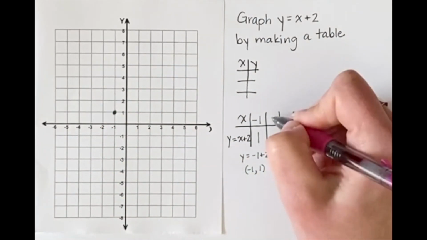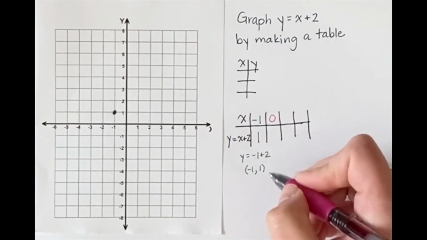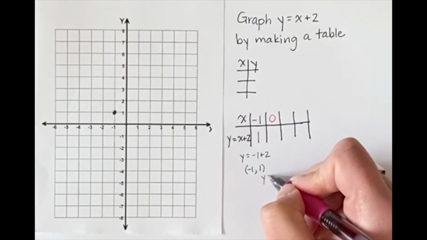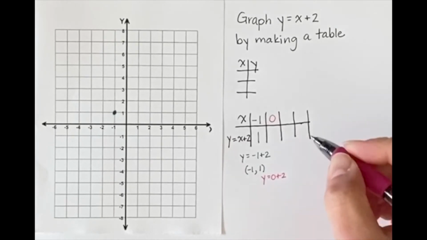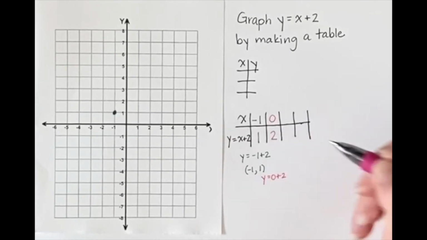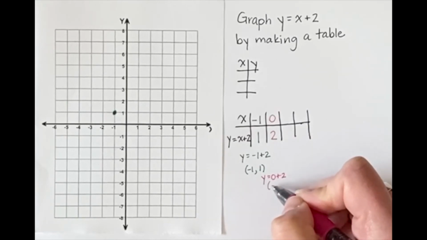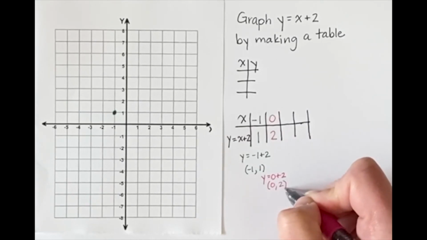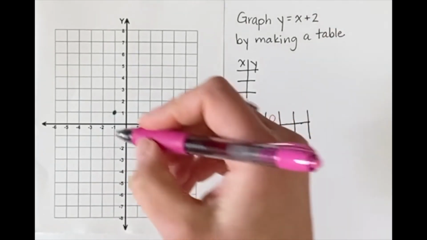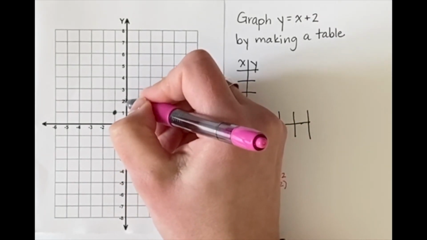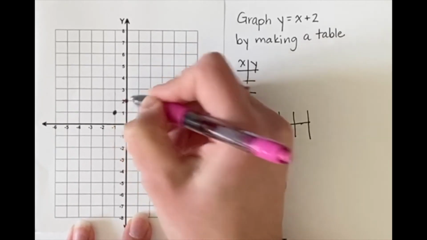What if I pick a 0? I'm going to be looking at y is equal to 0 plus 2. I know 0 plus 2 is just a 2. So now I have the ordered pair of 0, comma 2 to plot. So I don't have to walk anywhere, but I need to go up 2 floors to right here.